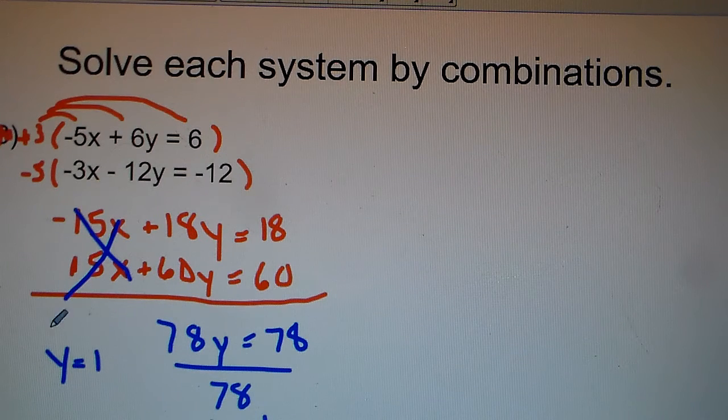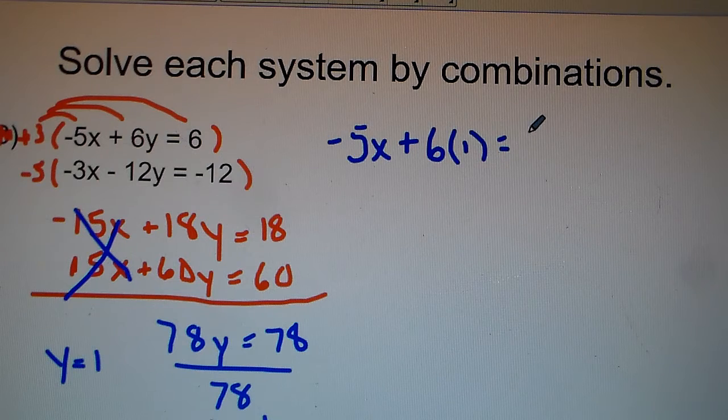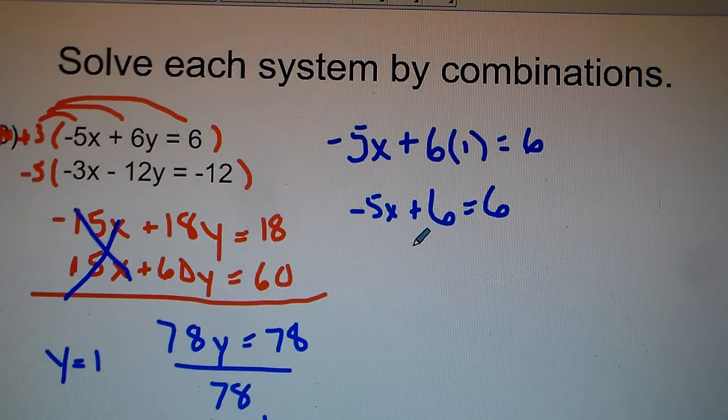And you put 1 in for y. So you get negative 5x plus 6 times the 1. And that equals 6. 6 times 1 is 6. Carry down the negative 5x, so you have negative 5x plus 6 equals 6.